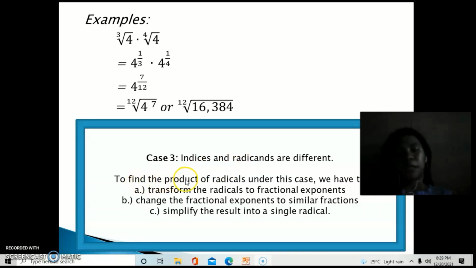To find the product of radicals under this case, A, we have to transform the radicals to fractional exponents. B, we need to change the fractional exponents to similar fractions. C is simplify the result into a single radical.